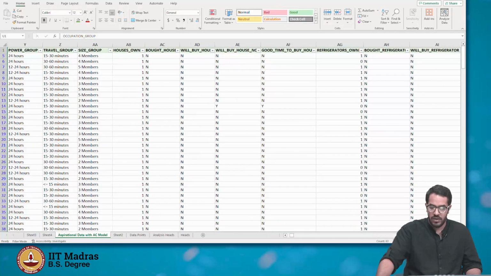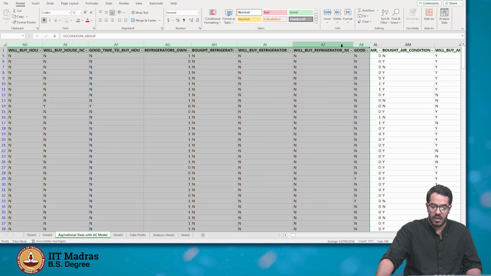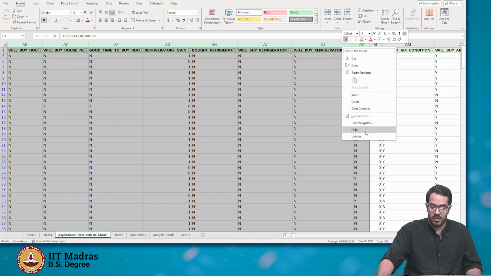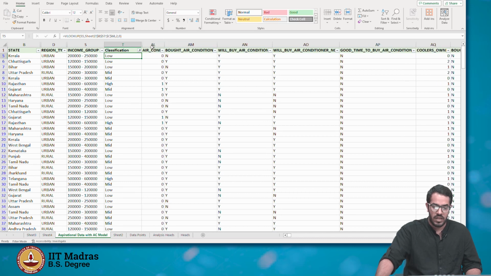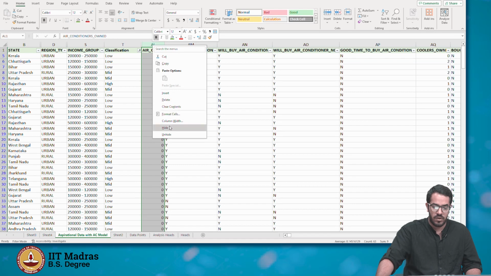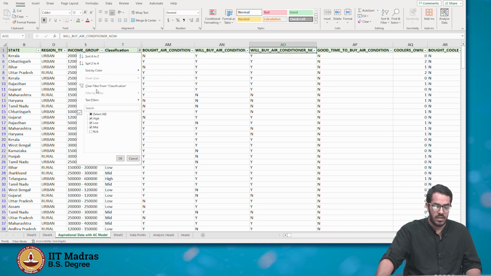So again, I will hide these columns, and right here I have the low, medium, high classification of people: whether they want to buy air conditioners, have they already bought air conditioners, or will they buy air conditioners. So what I can do is unselect all of these.